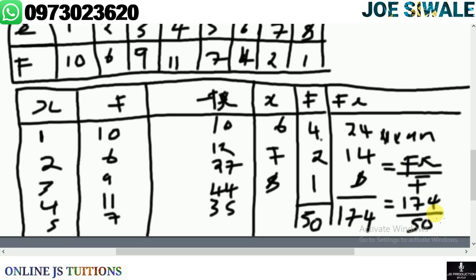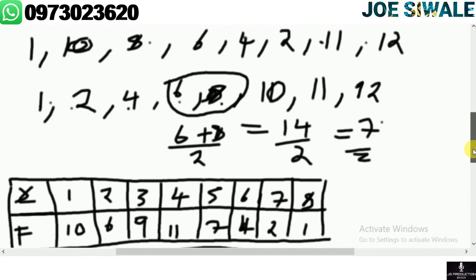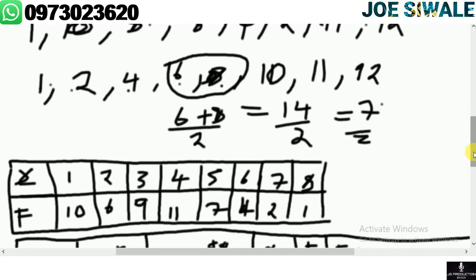So the mean is 3.48. I'll just write it here so that I have space for the median and the mode.